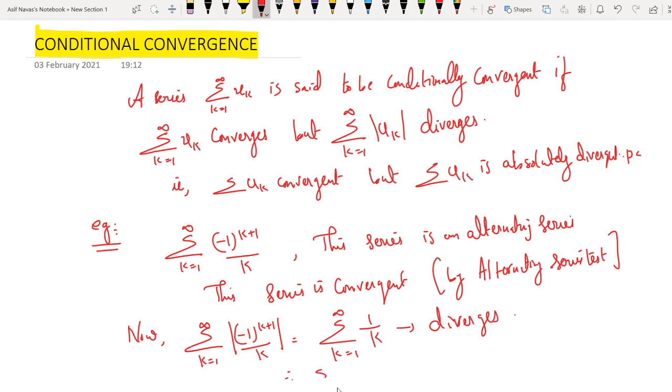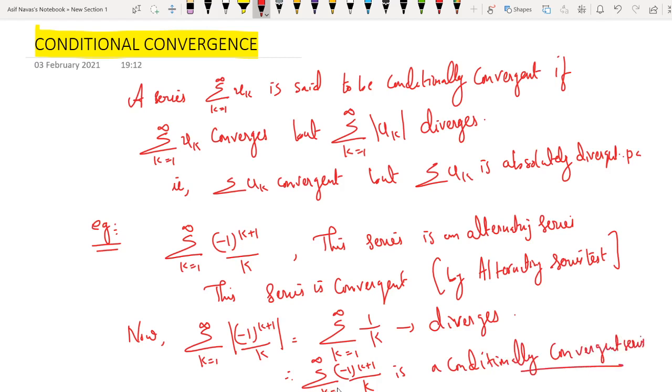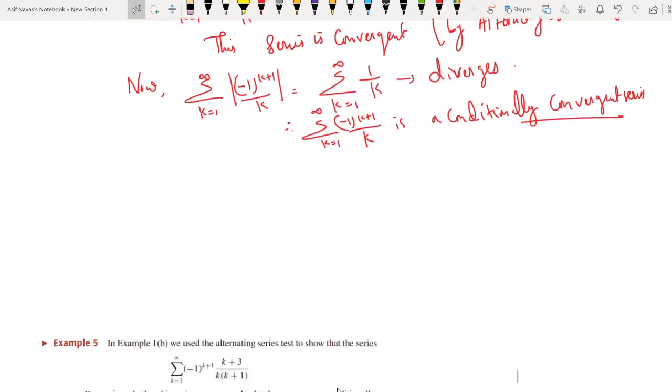Therefore, sigma k equal to 1 to infinity (minus 1) power k plus 1 by k is a conditionally convergent series. Okay, so this is an example for conditionally convergent series.